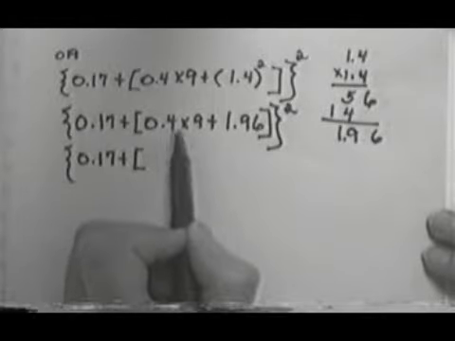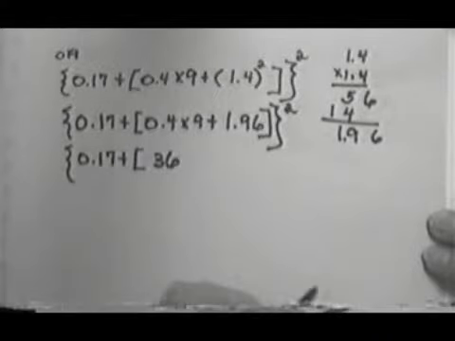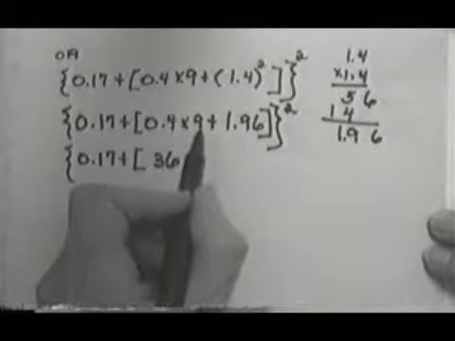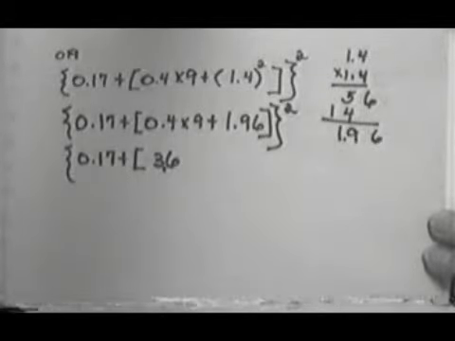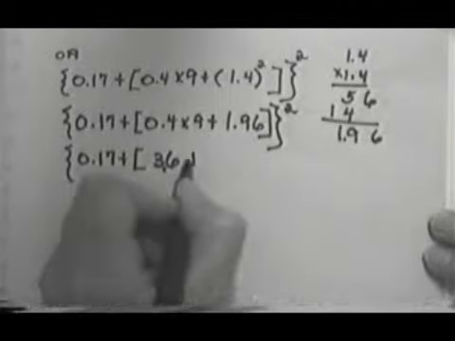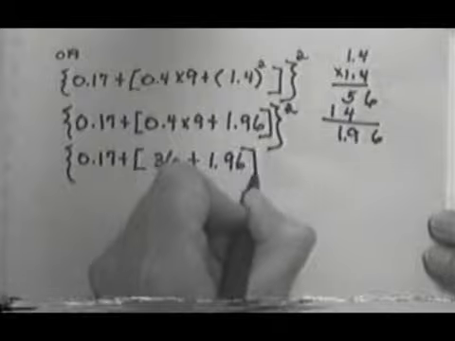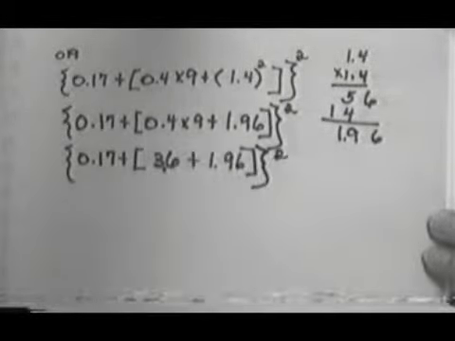I'm going to multiply 4 by 9 and get 36. And then decide where my decimal should go. Since I just have 1 decimal place here and none in the 9, my answer should have 1. So it's going to be 3 6/10. And then I write plus the 1.96, close the bracket, close the braces, and put the 2 back out here.